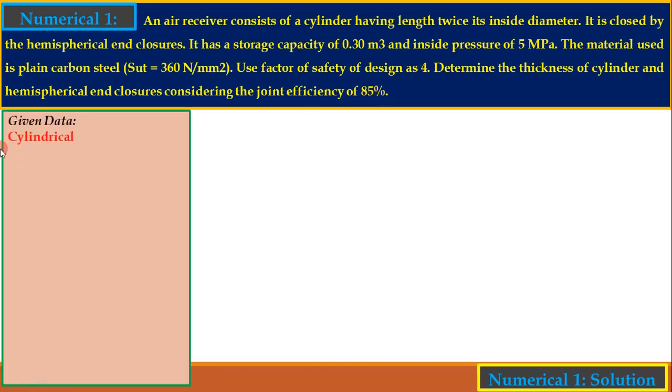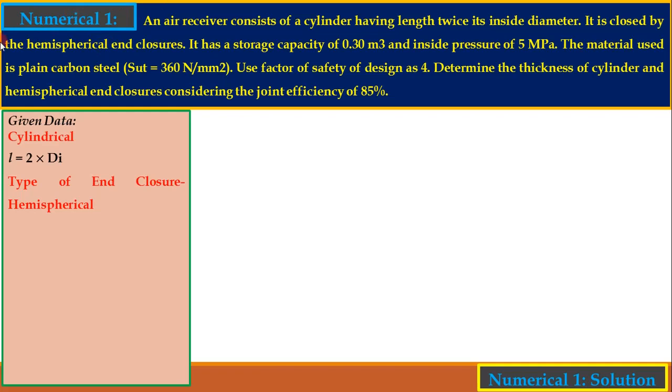The type of shell is cylindrical shell. The length of the cylinder is equal to twice its inside diameter, so we can write small l is equal to 2 into di. It is closed by hemispherical enclosure, so the type of enclosure is hemispherical enclosure.